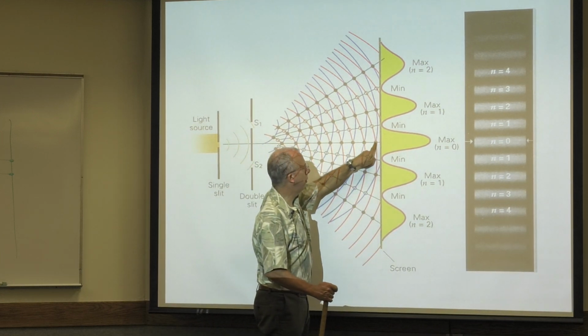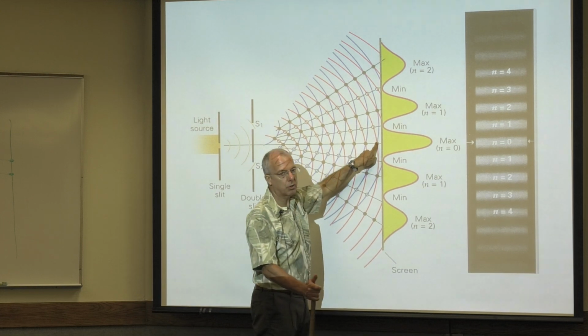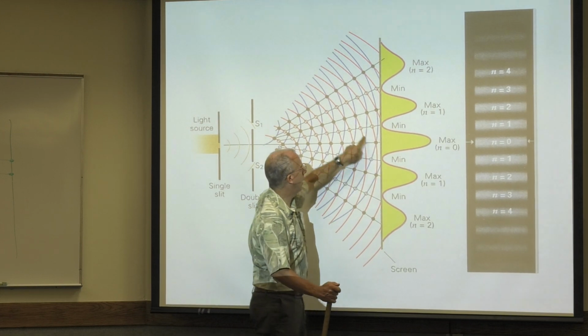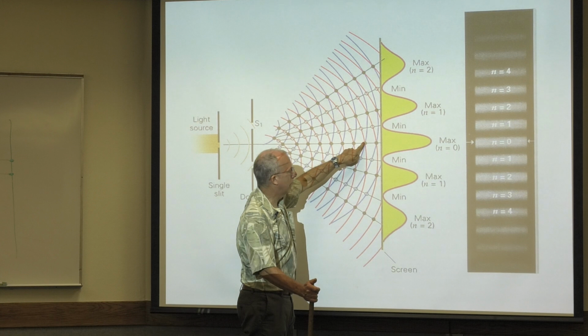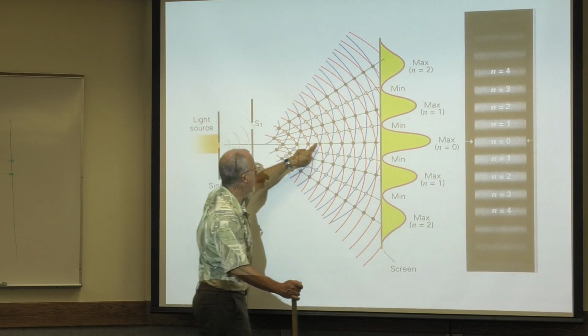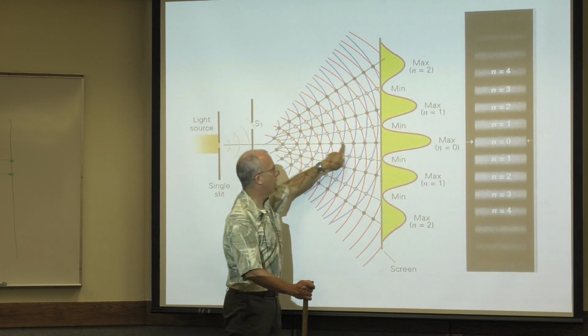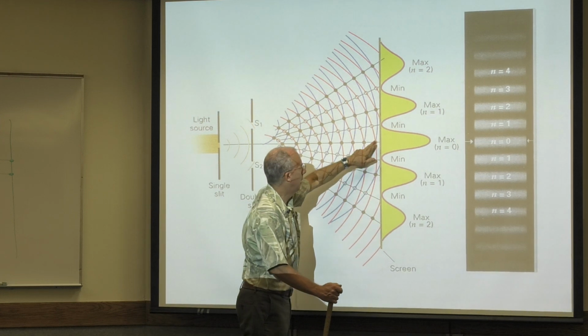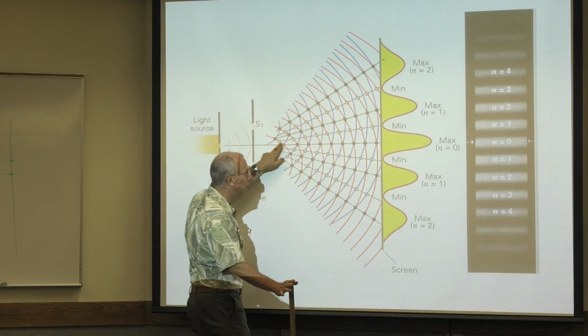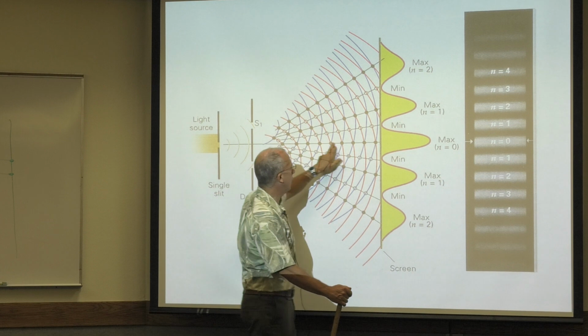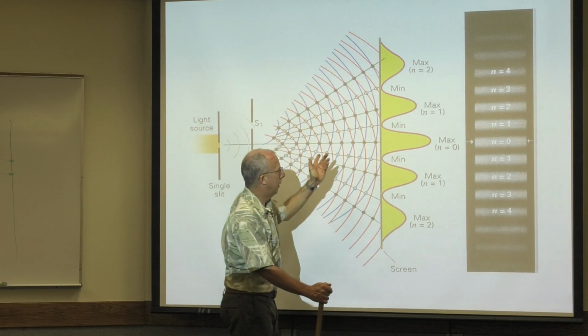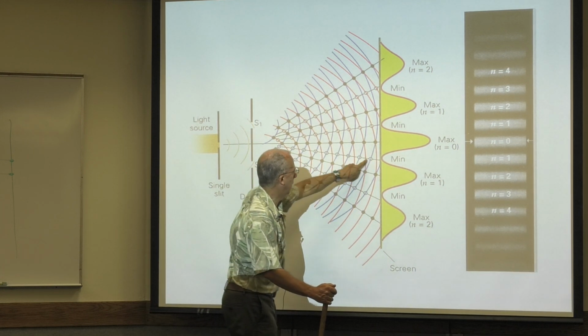Here you see blue max, red max, so you have constructive interference, right? Here, blue max, red max, constructive interference. So everywhere along this line you're going to have constructive interference. But let's look at this line.